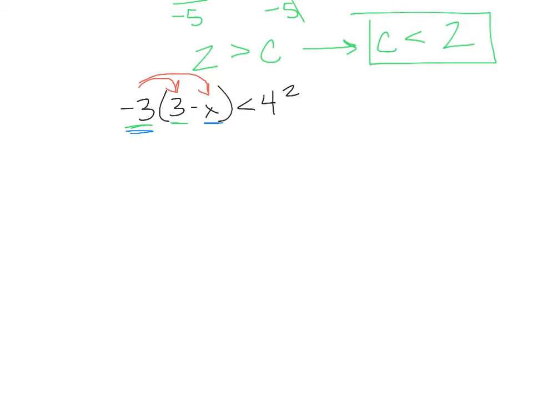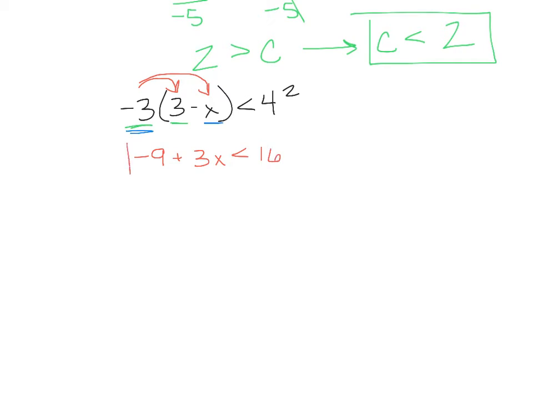If you struggle with distributive property, you should probably come see me at an FOL, and we can work on that. So negative 3 times 3 is negative 9. Negative 3 times negative x is positive 3x. And that is less than 4 squared, which I'm going to just change now to 16. That's a shortcut, that is fine.